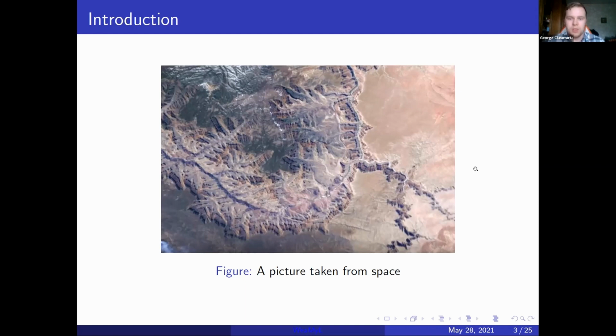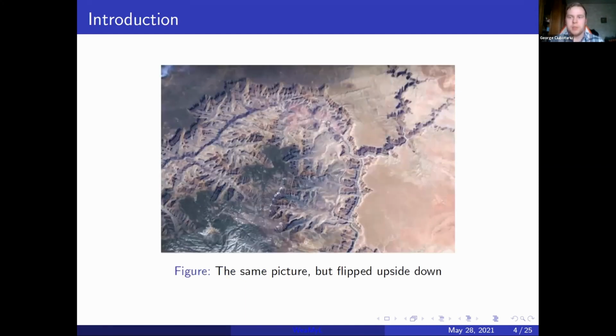Now let's look at the next image, which is the exact same image but flipped upside down. And we can now see that, within the way that we see the image at this angle, we could say that this is probably a valley, because we can see that there are some river banks, and this is actually the Grand Canyon.